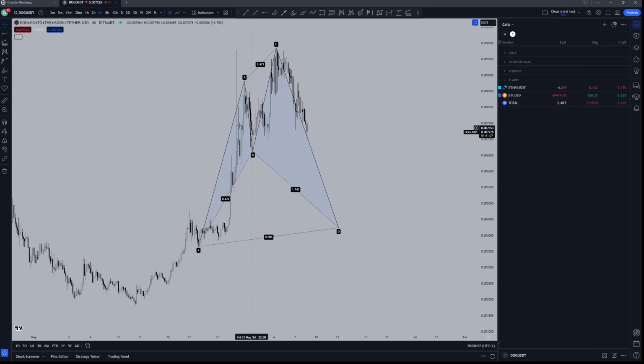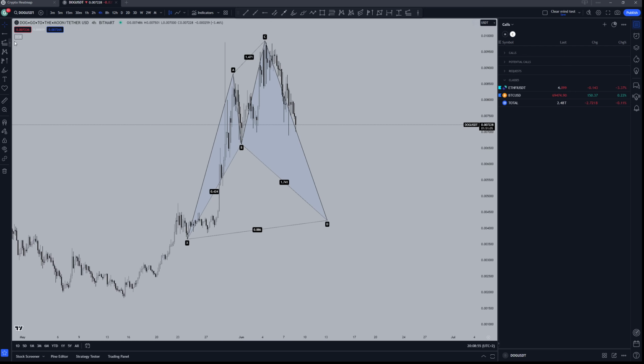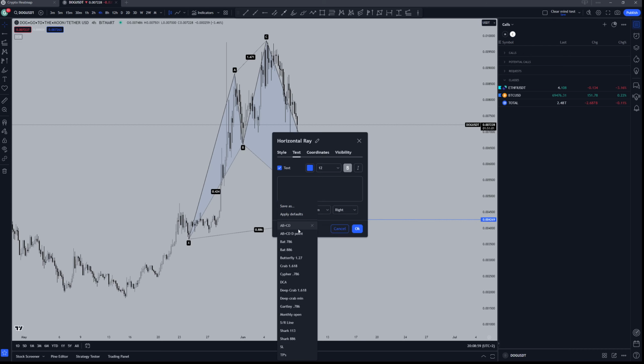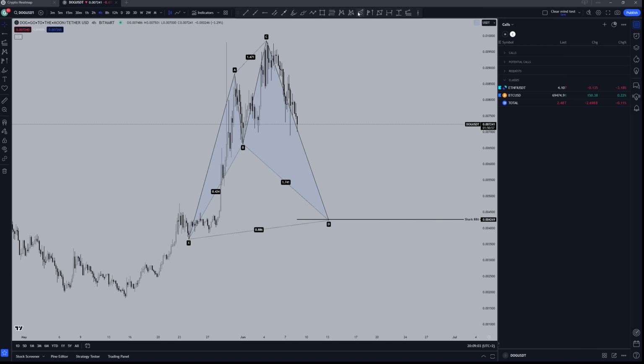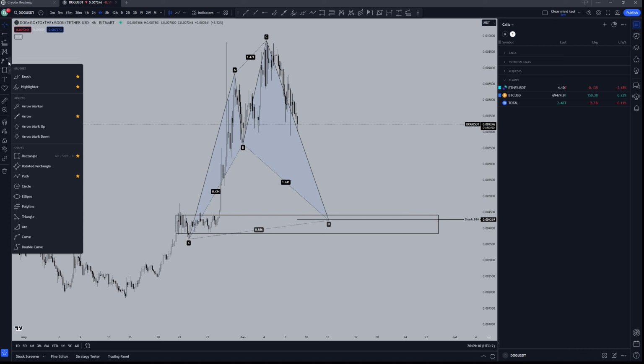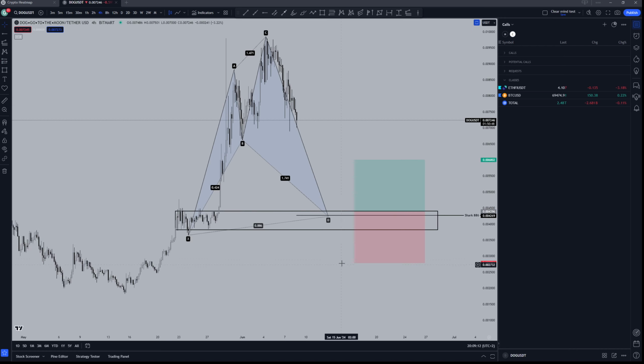So you could look for something like this on the shark actually, and just take this 886. You just take this 886 and this demand zone as an area of entry. Something like this if you want to get into it.